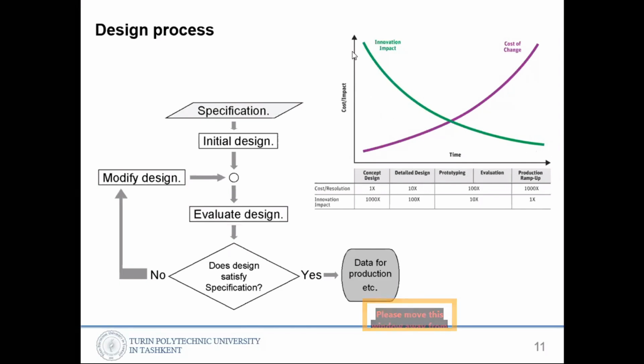So in the starting stage, you have to make your idea very perfect. Your idea should be very well thought out. At the end of production, you shouldn't change anything anymore, because when you change, you have to pay very big money. So the cost of change is very big here. Why? Because you have to pay for the previous stages also.